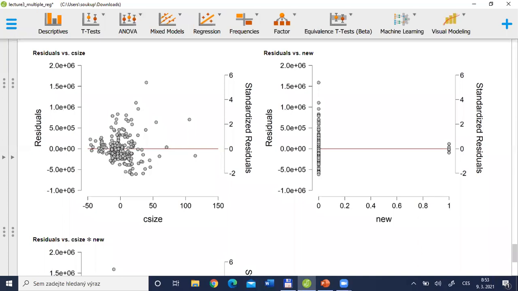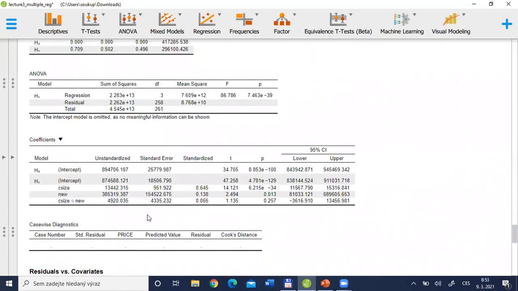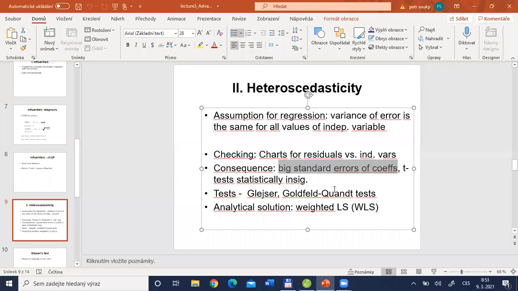So if I go back to my results, this column is maybe biased upwards. If these values are bigger than they should be, then this value divided by this value, the T ratio, should be lower. And maybe P values would be higher, and confidence intervals broader than they should be. So this is the influence of heteroskedasticity.